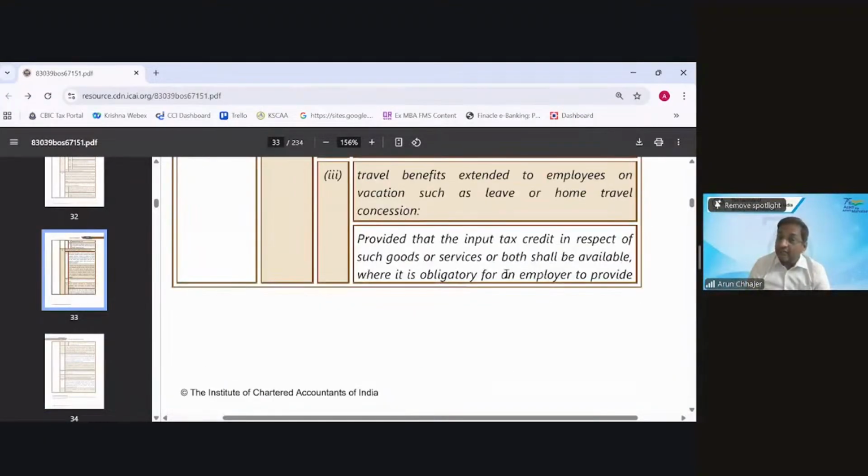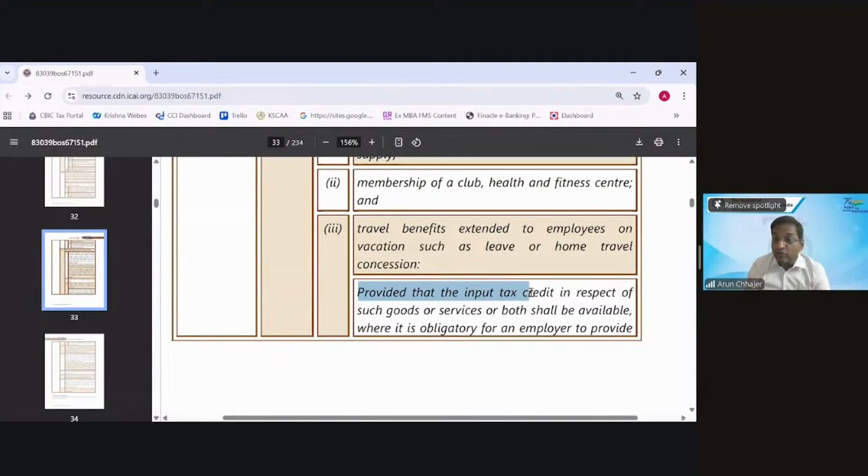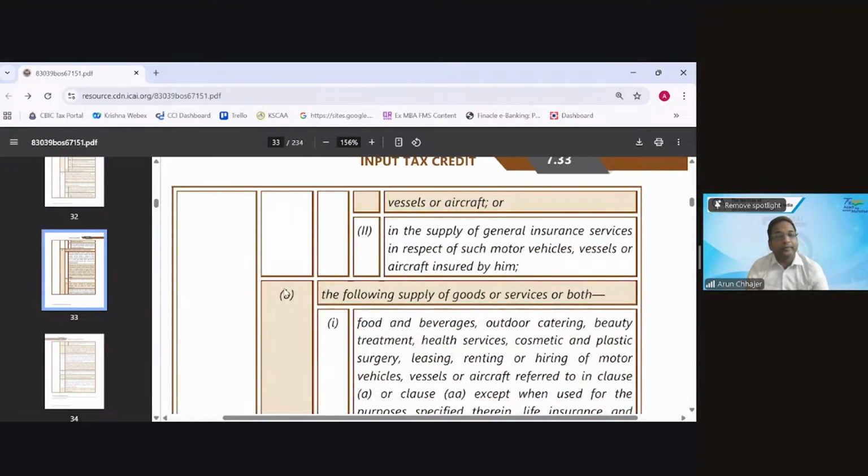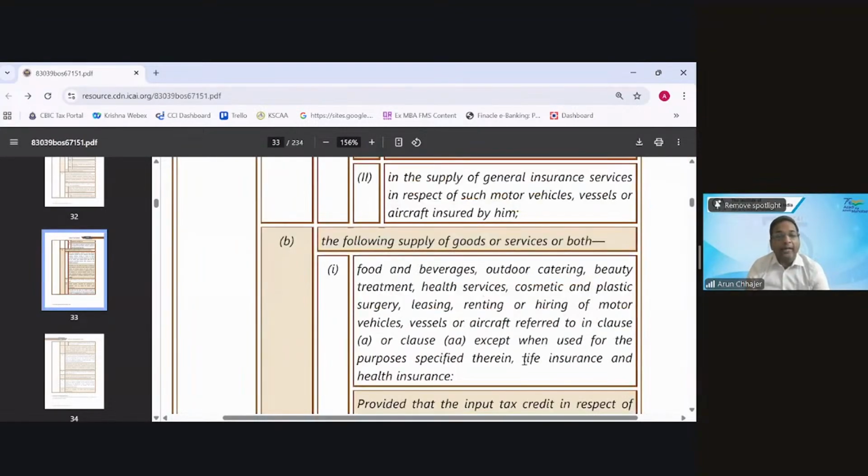Now the question comes whether this proviso, which is written after the third clause, is it applicable to this clause only or entire 17(5)(b)? What is my question? Let's say I am providing the life insurance or health insurance as per Workmen Compensation Act, which gives me the obligation to take the insurance of my worker compulsorily.